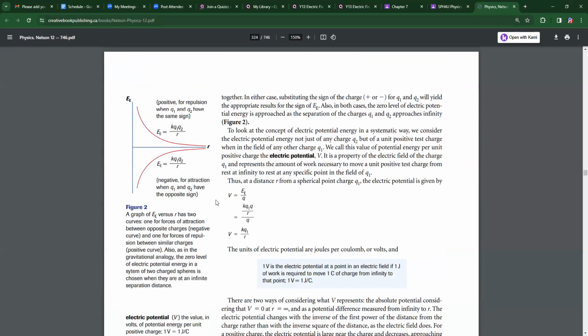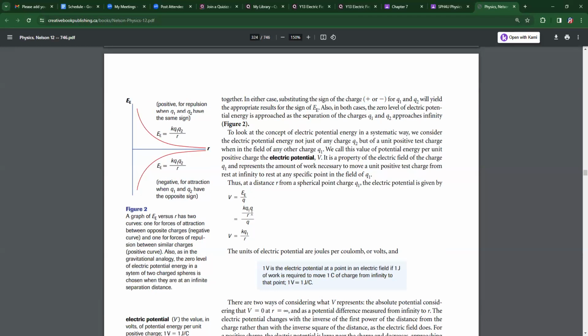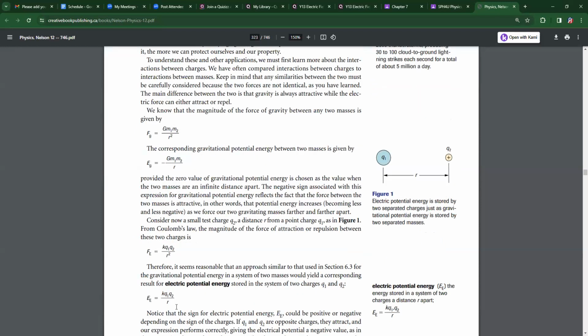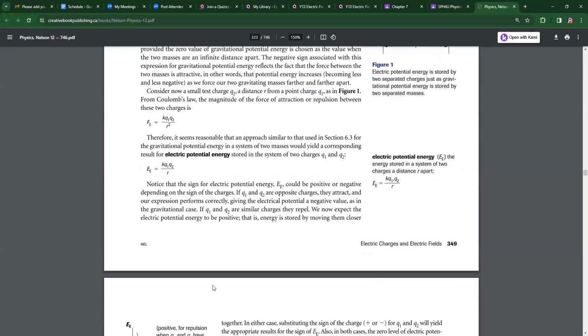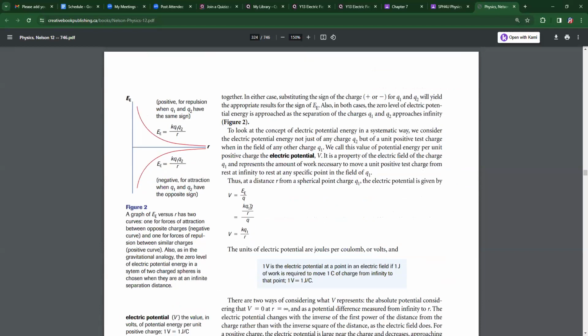Okay, and we call electric potential the electrical energy per charge. So the electrical energy is like force multiplied by displacement: K, the product of two charges divided by distance, divided by charge. When we simplify, the charge on the top and the charge on the bottom cancel, and we have the formula for electric potential: the product of the coefficient and charge divided by distance.